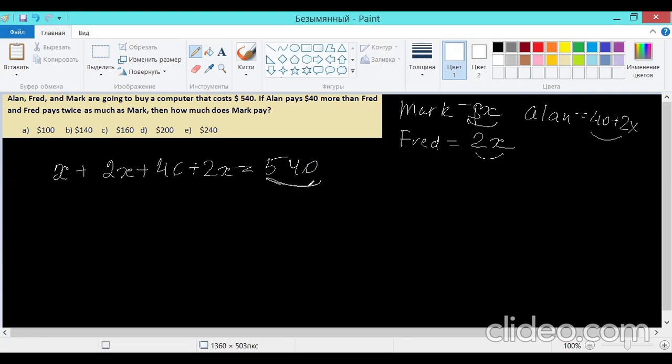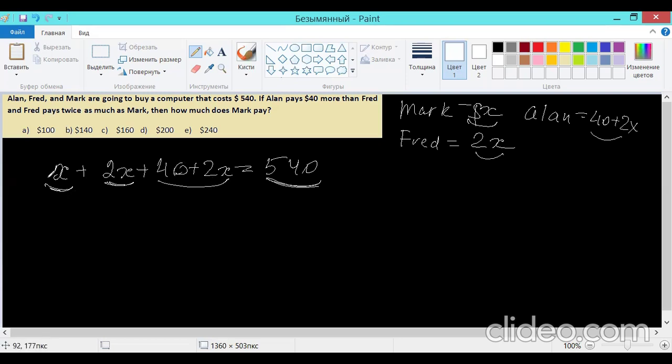Again, this is the price of the computer. This is the amount of money Mark is ready to give. This is the amount of money Fred is ready to share, and this is the amount of money Alan is ready to put in.